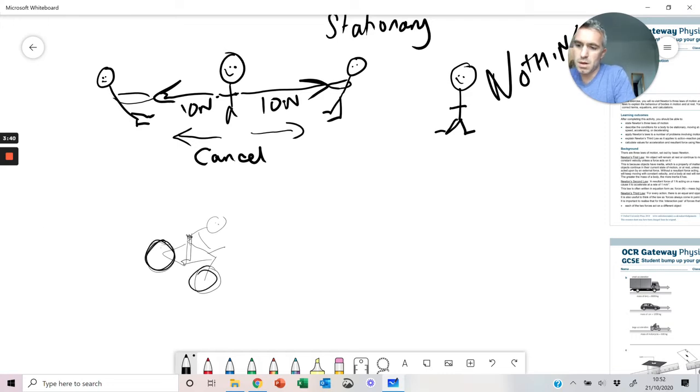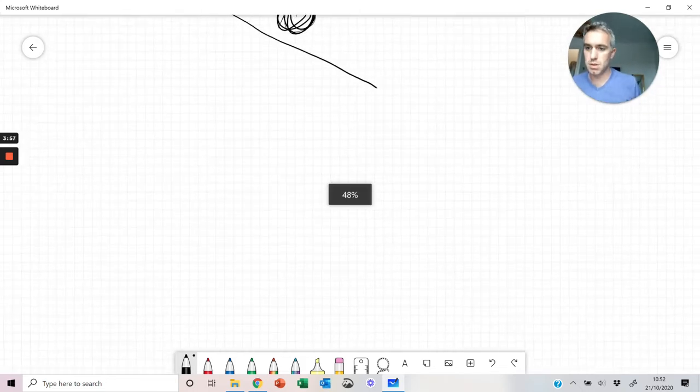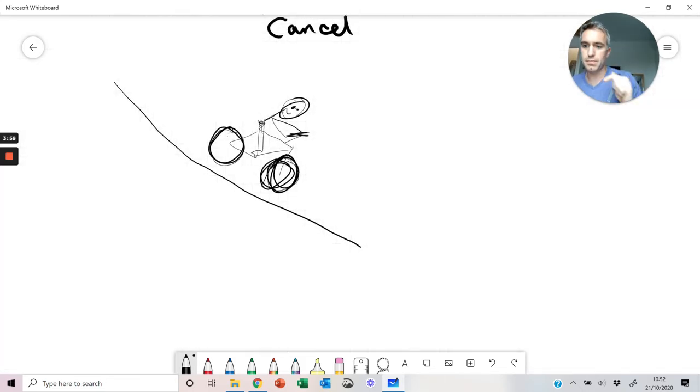They're on a bicycle, and they're cycling along, and they're going along. What would you expect to happen to them? Why is that one so small? Here we go. What would you expect to happen to them?